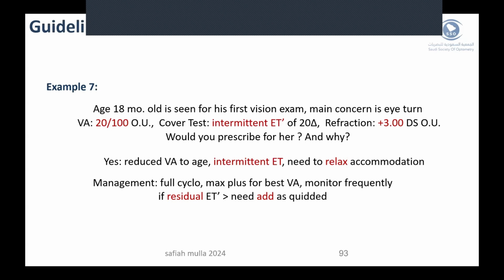As I said, we need it to be either ortho at near or less than 10 prism diopters at near, so that the vision of the child will not be affected. And again, we should be careful regarding the adds. The level of the line and the amount of the add should be according to the case of the kids.